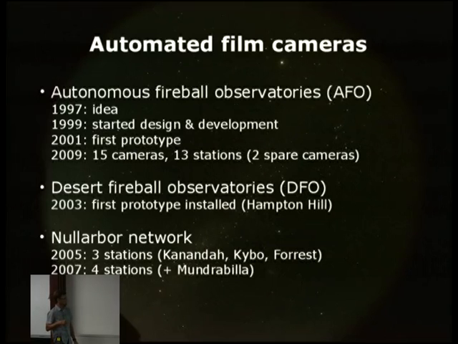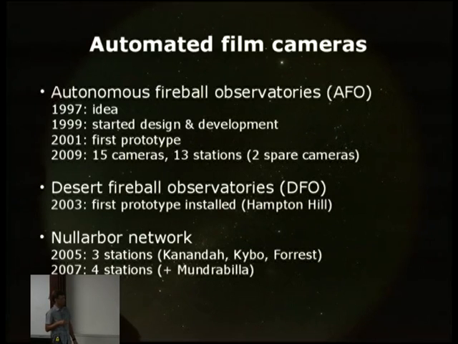So in 2003 we built and installed the first prototype of a modified film camera at Hampton Hill, which is about 30 km east of Kalgoorlie, and it worked pretty well.